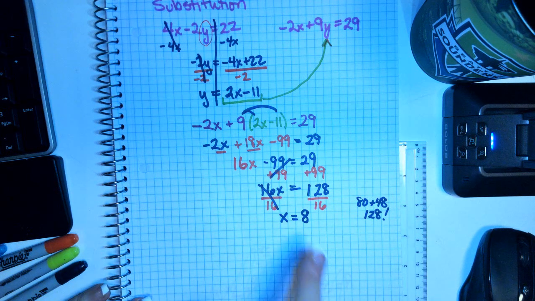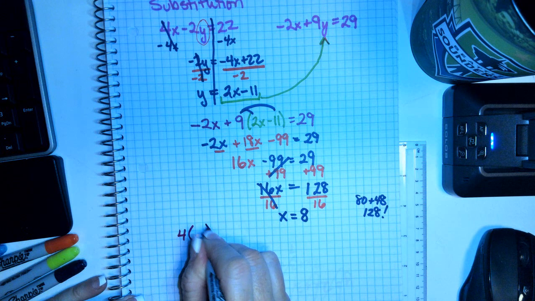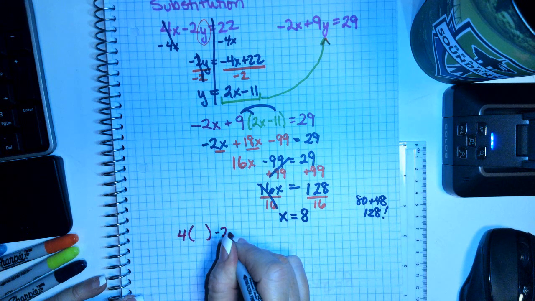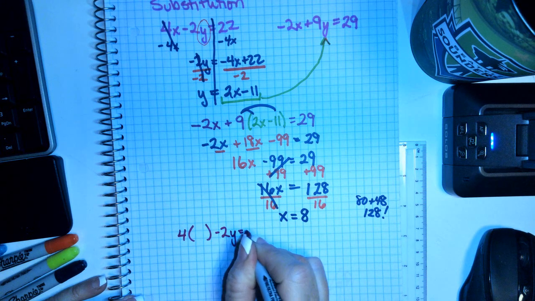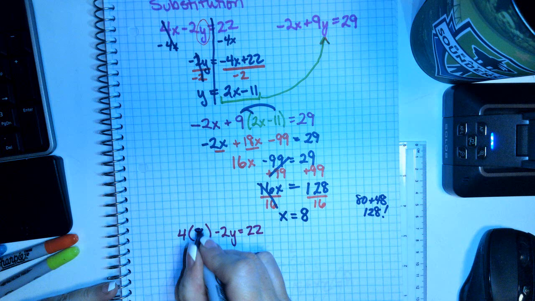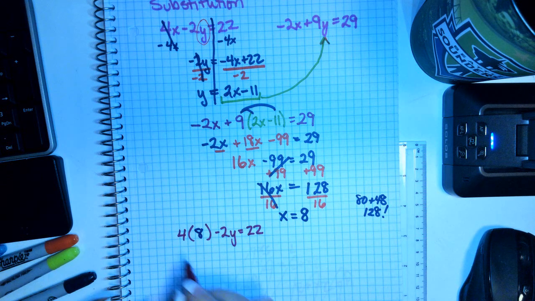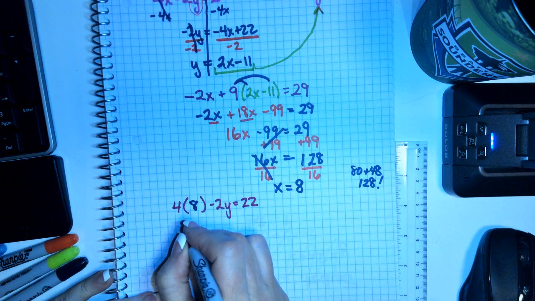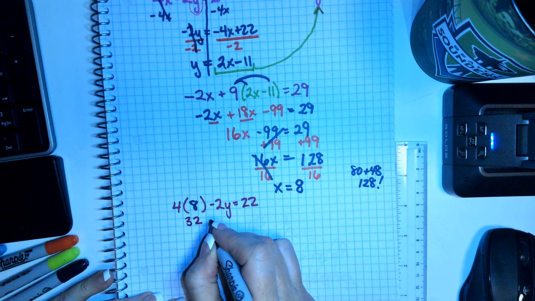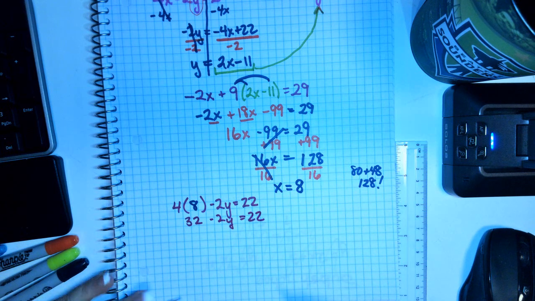Okay, so if x is 8, I'll start with this one. So this is 4 times x minus 2y equals 22. And in this case, we said x equals 8. So simplifying that now, 4 times 8 is 32 minus 2y equals 22.